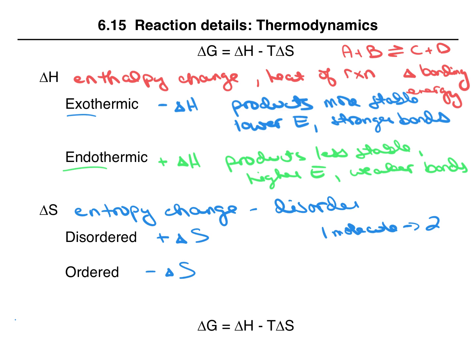Now, on the previous slide, we said that for a favorable reaction, we would have delta G as a negative value. So that means we want our delta H to be negative, and then because it's minus T delta S, we want our delta S to be positive. Now, it's possible to have a reaction that's very exothermic, so we have a really big negative delta H, so that even if our entropy is negative, then overall this term doesn't outweigh this term.